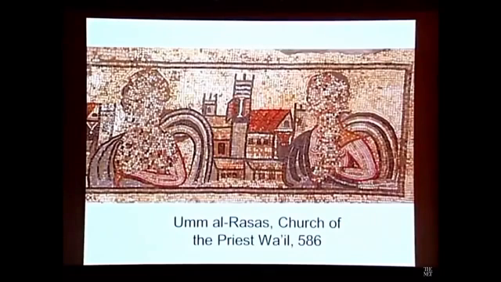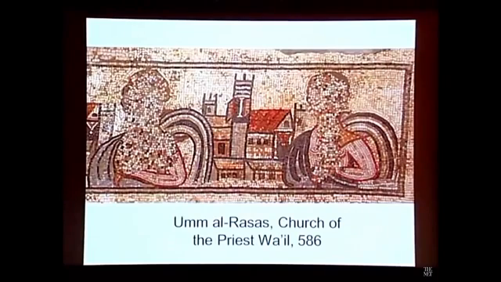Well, so then in general, most cases you have scrambling up of the mosaic cubes of the complete figures here at one of the churches at the site of Rasas in Jordan, where you have the head and most of the upper body of the image that's in the floor.